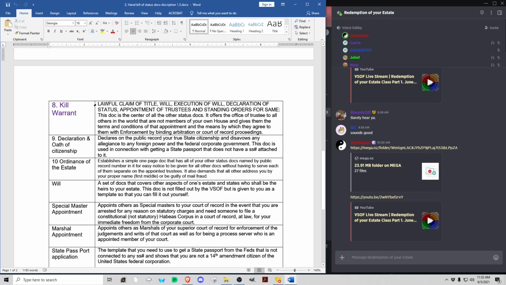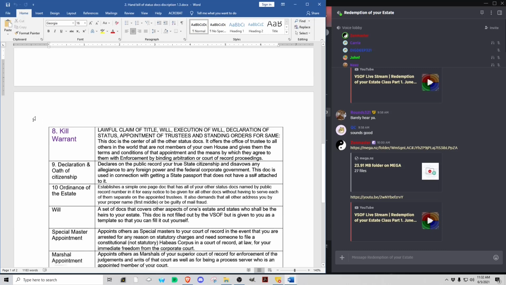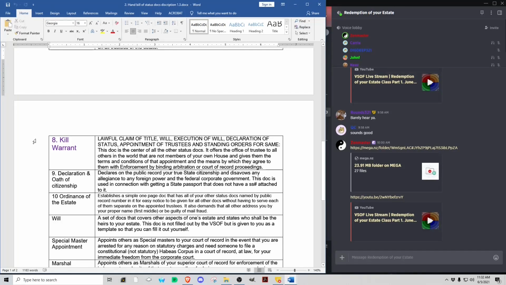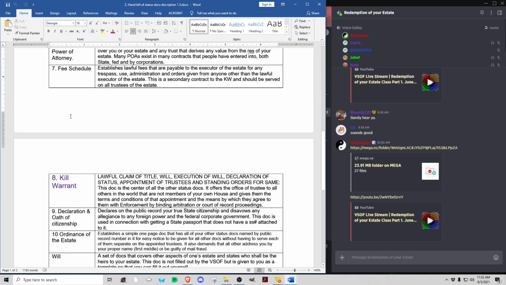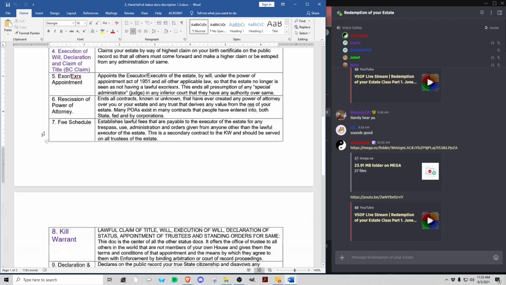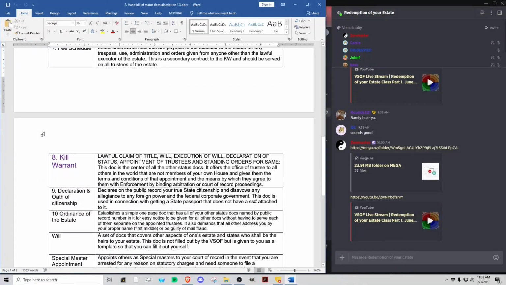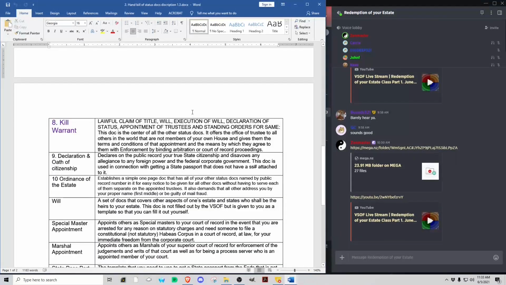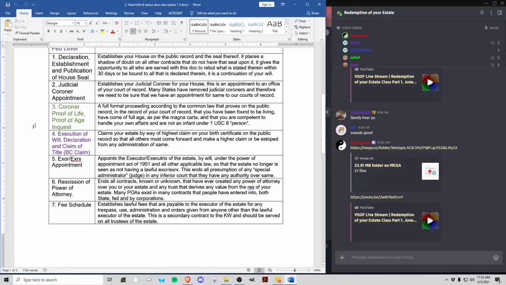They continued to move forward after they were well aware and they'd been served with all these status docs. Now, I think in some cases, I don't know if Drew actually served the whole entire stack. I don't even think I had this whole entire stack done. I know I didn't have the proof of life and proof of age inquest done yet when Drew defaulted that judge in Colorado. So the point is, this document will kind of work almost on its own.